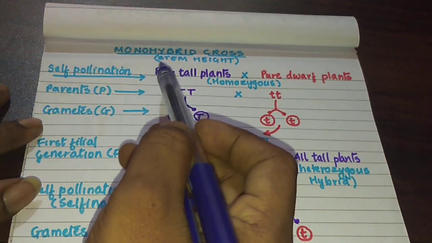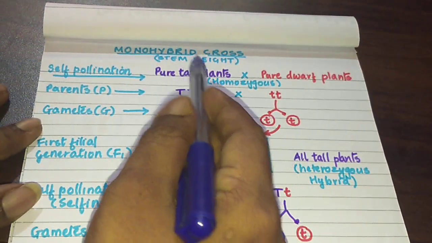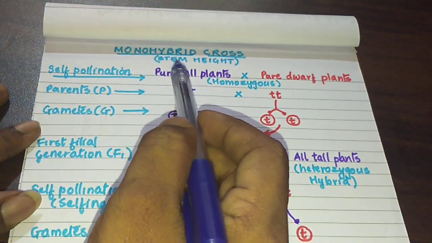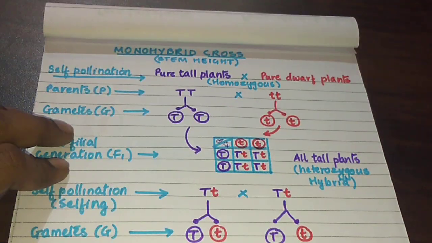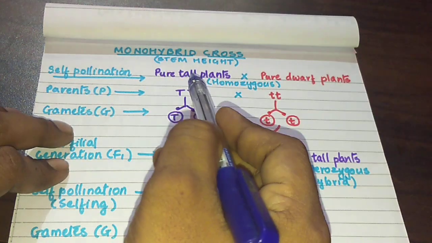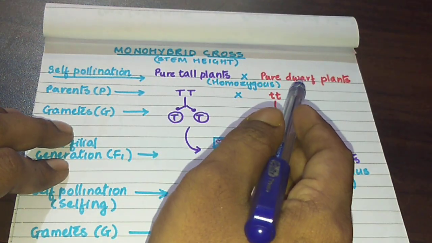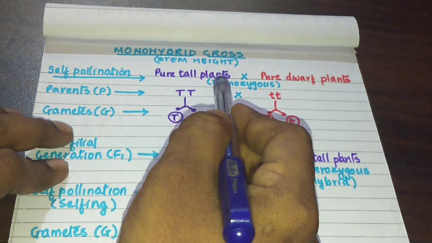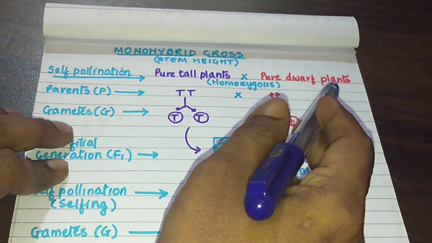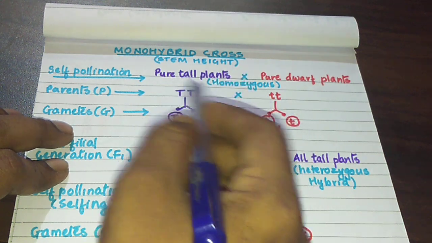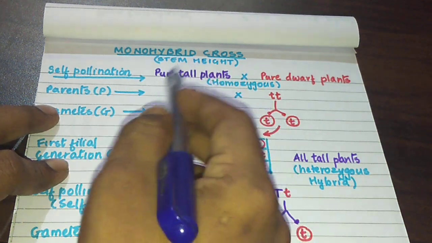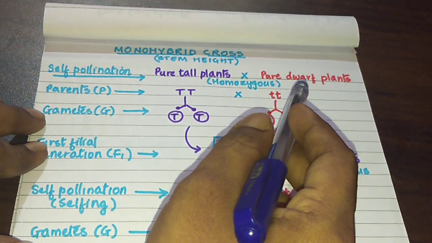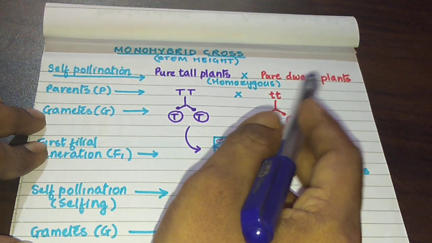So to study the monohybrid cross, we'll have one example, that is stem height. And two variants for the stem height are tall and dwarf or short. So we have to take pure tall plants crossed with pure dwarf plants, as we should remember that Mendel had carried out self-pollination in order to get true breed tall plants and true pure dwarf plants.